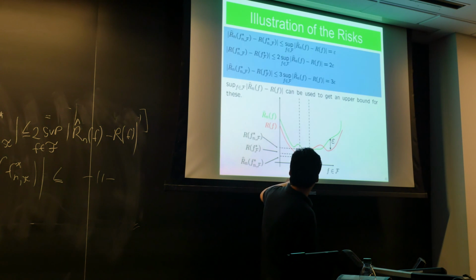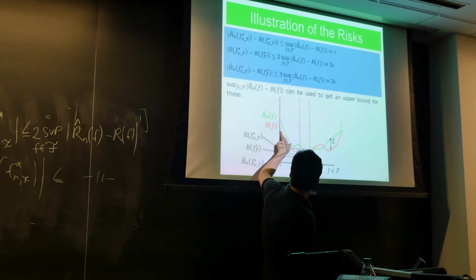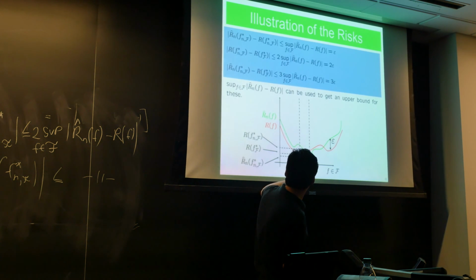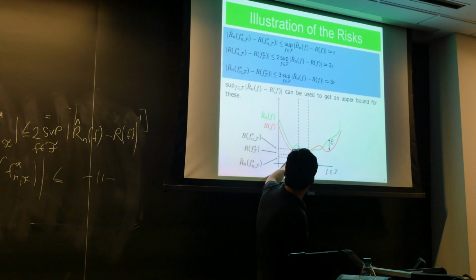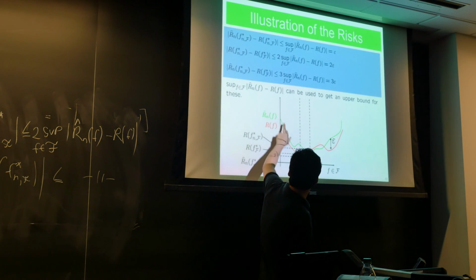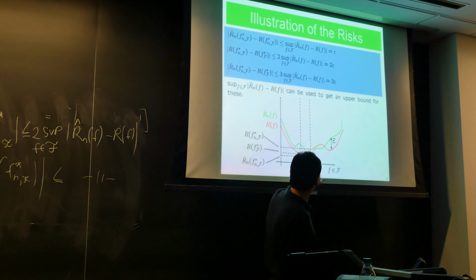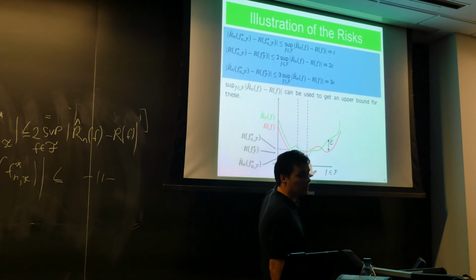And so f star f, that's the minimum of the true risk in this function class. So that's this point here. F star nf, that's the minimum of the empirical risk. That's this point here.